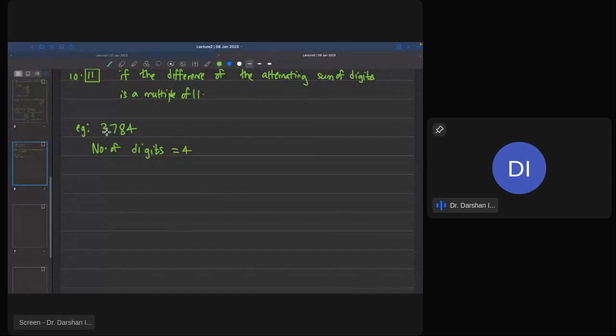What I have to do is find out the alternating sum of digits, and see whether the difference is a multiple of 11.